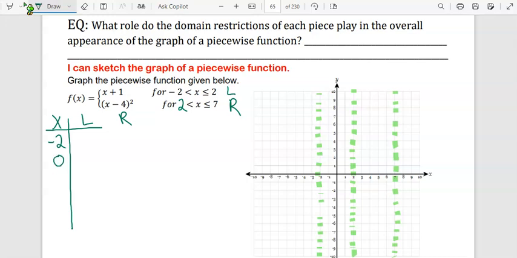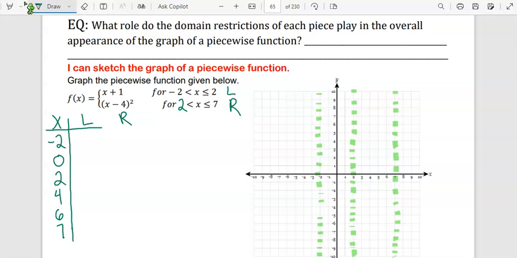Let's choose 0. And then 2. And then let's choose some other ones. Let's do like 2 more in this one. This gap looks bigger. Do 4. And let's do 6. And then our other boundary, 7.